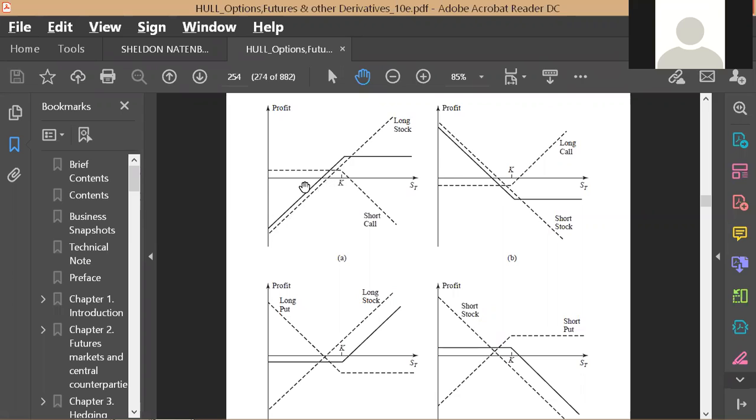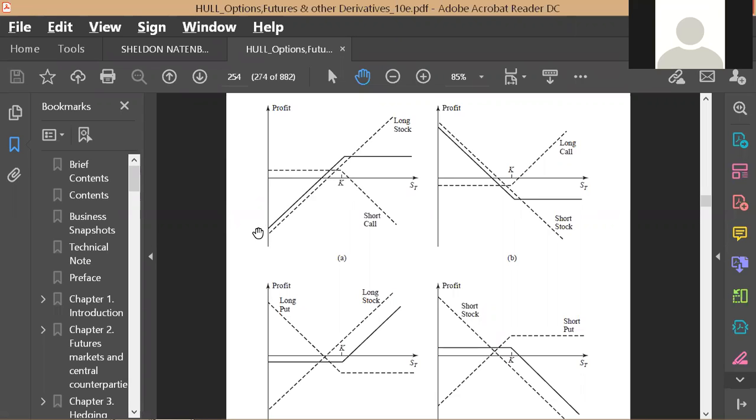As the market price keeps dropping below the strike, the intrinsic value of the put keeps on increasing in a proportionate manner. When the strike is at 100 and the market is at 80, the IV is 20. When the market goes to 70, IV is 30. It goes to 60, IV is 40. At 50, the IV is 50. So it keeps on going down.